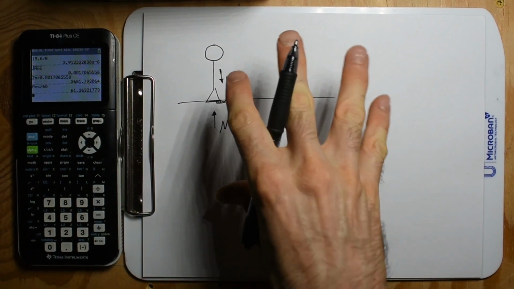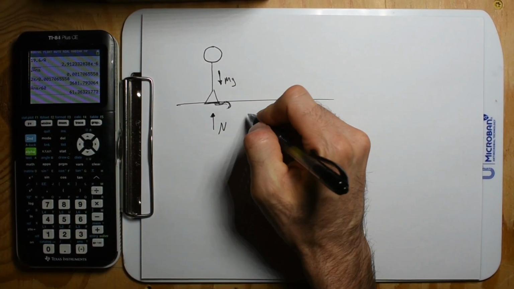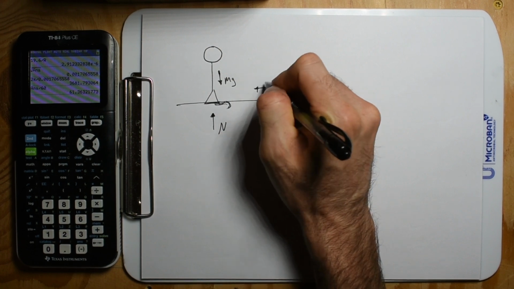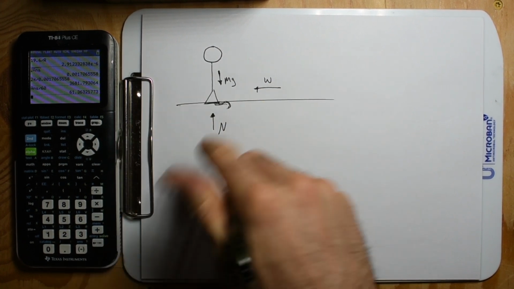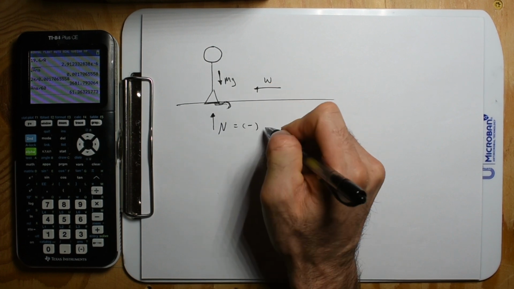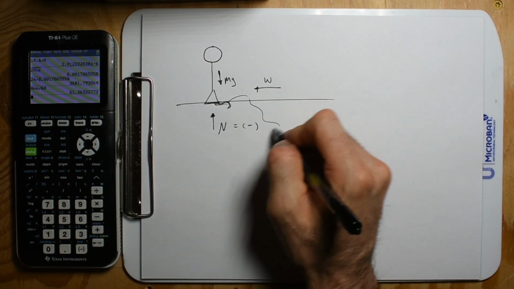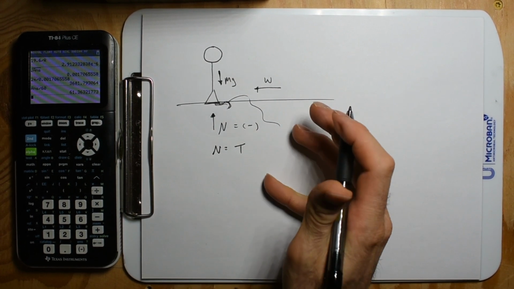We're going to do the 3 scenarios, but this will show that if we have a lot of acceleration due to an omega, due to a revolution of the Earth, this normal force will be negative. And that normal force is just the tension in the rope. So this normal force will just equal the tension.